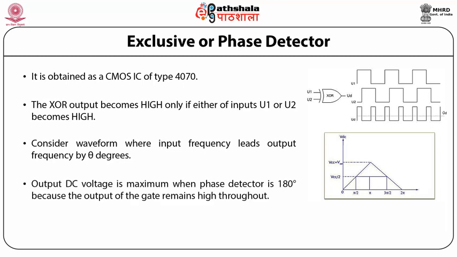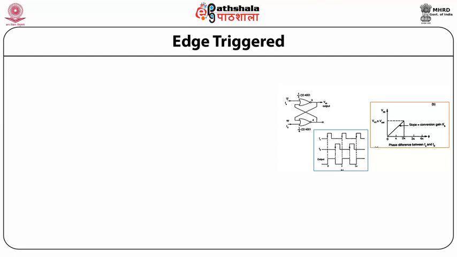The output DC voltage is maximum when the phase difference is 180 degrees because the output of the gate remains high throughout.